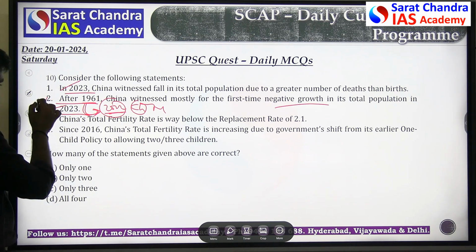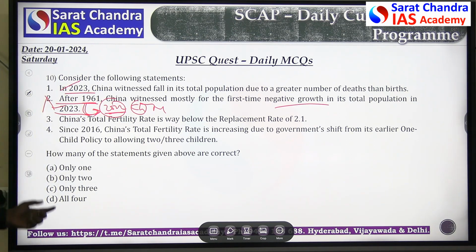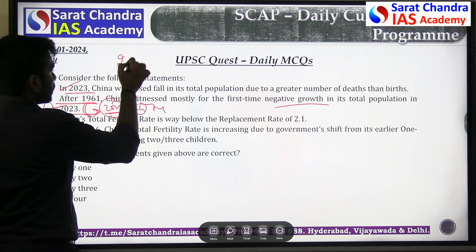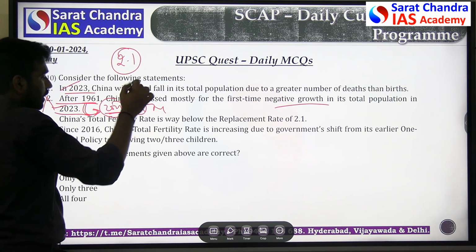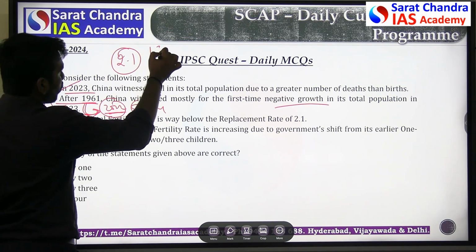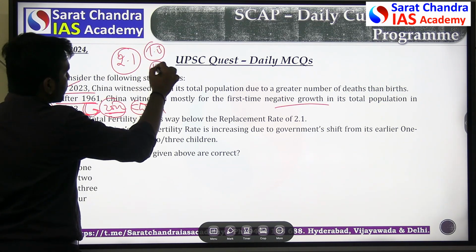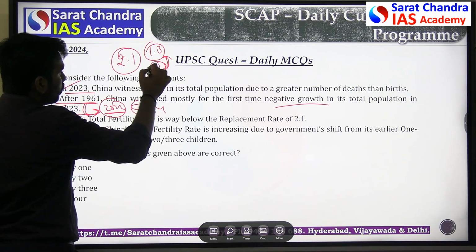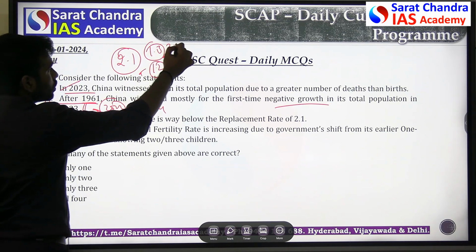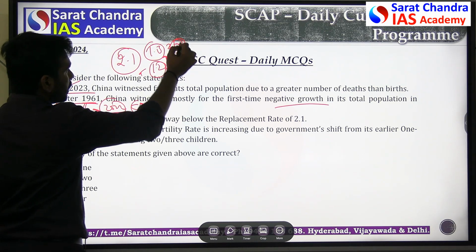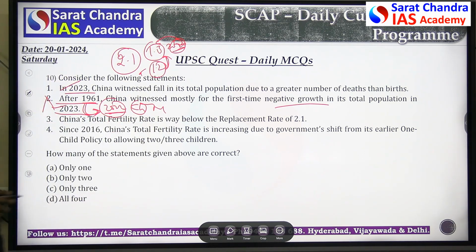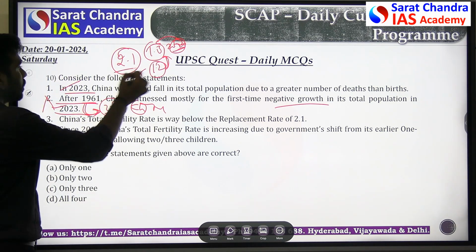This is wrong. Third one, China's total fertility rate is below the replacement rate of 2.1. Yes, the replacement level is 2.1, but the current fertility rate is 1.3. It slowly increased from 1.2 in earlier years. According to the 2020 census of China, its total fertility rate is 1.3, which is below the replacement rate.